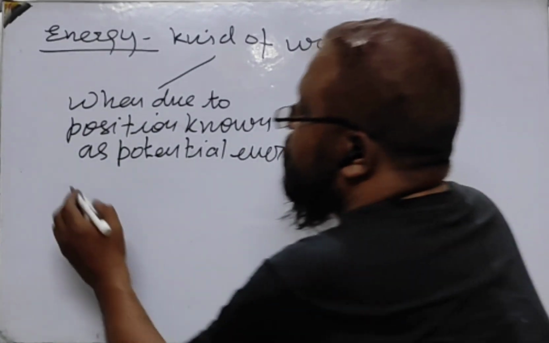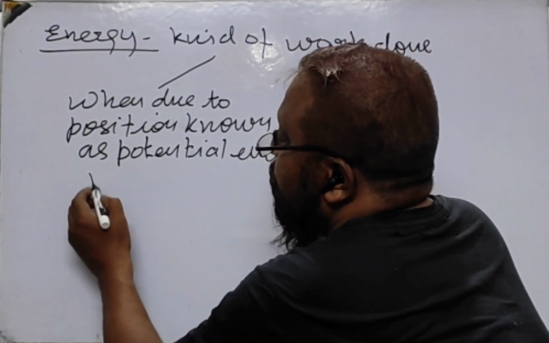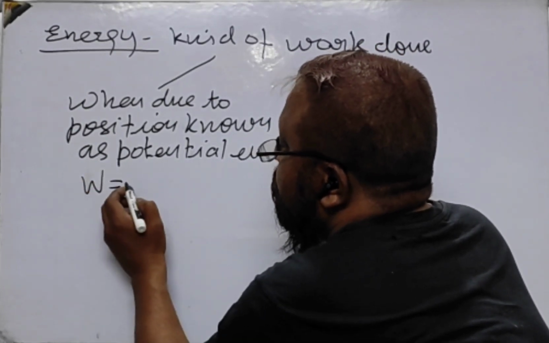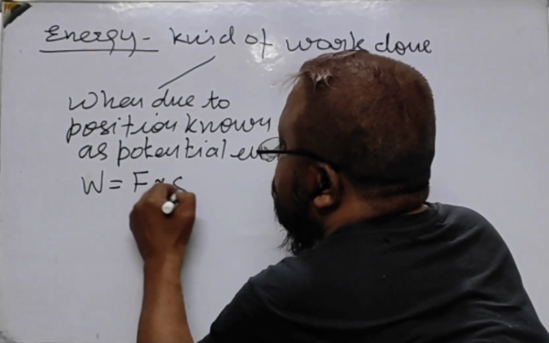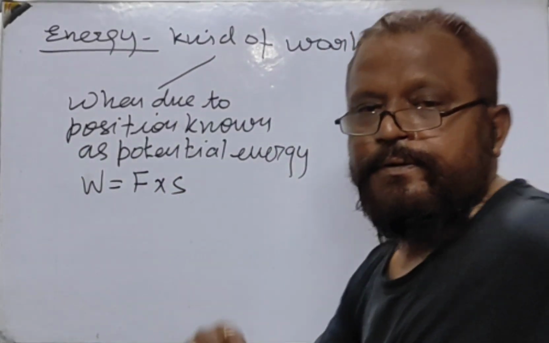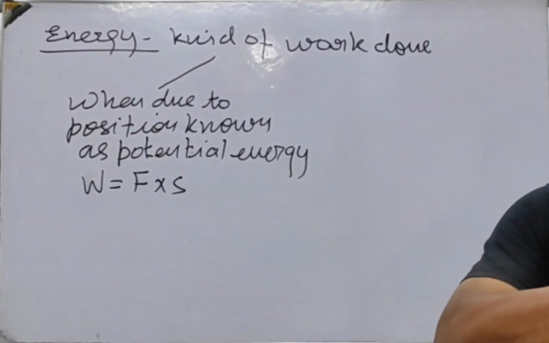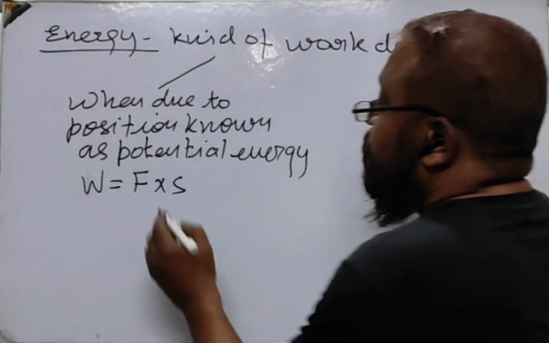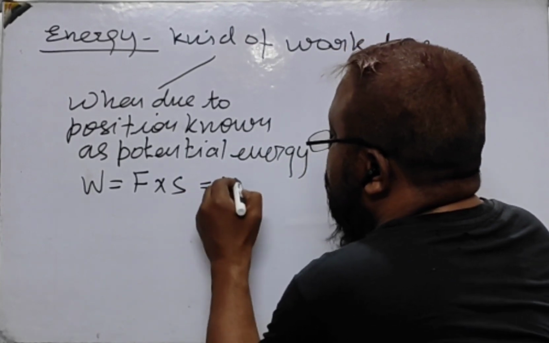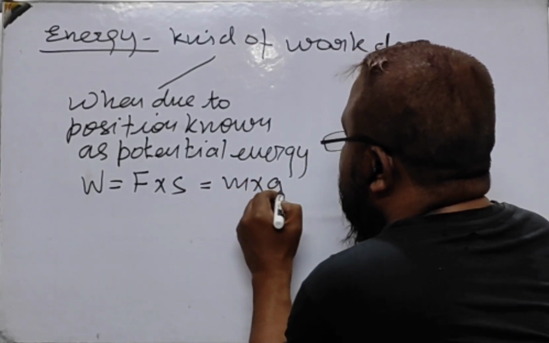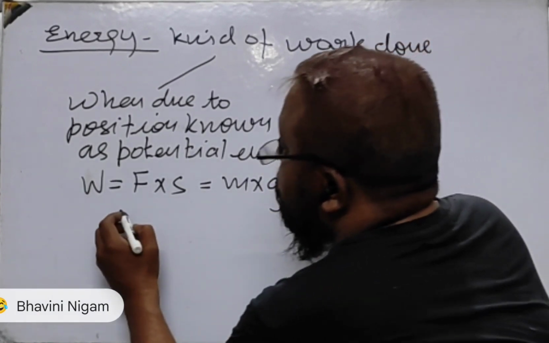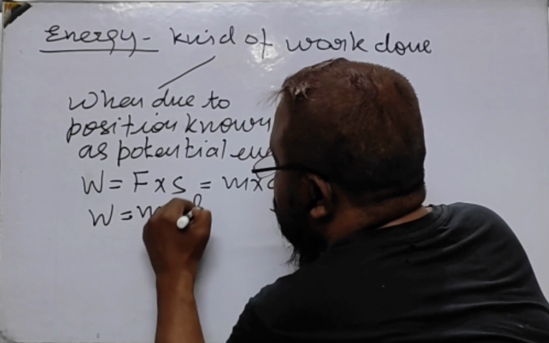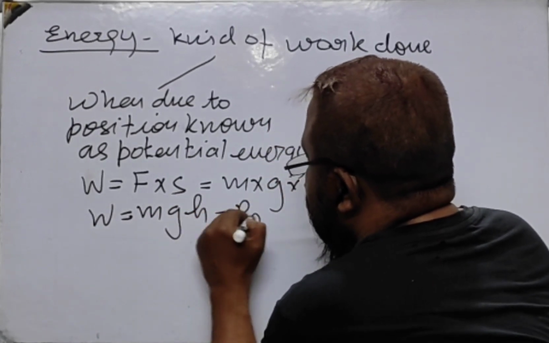And potential energy. We know that W is equal to F into S. So if force is m into g and S is equal to h, then W is equal to mgh. It is known as potential energy.